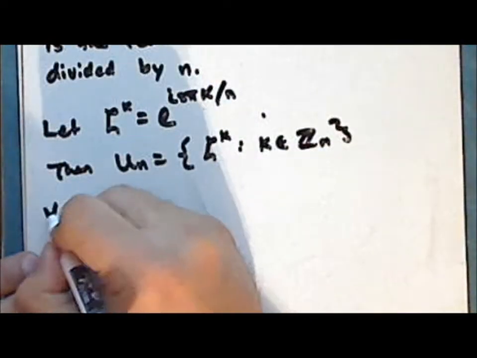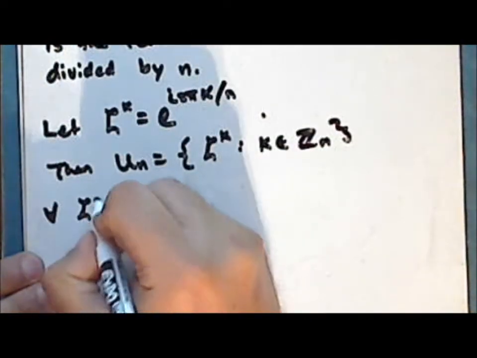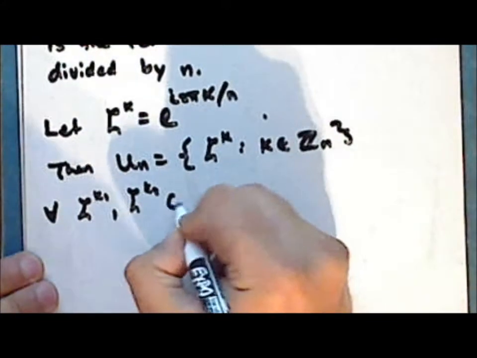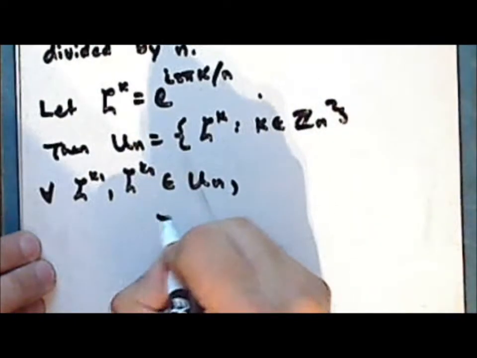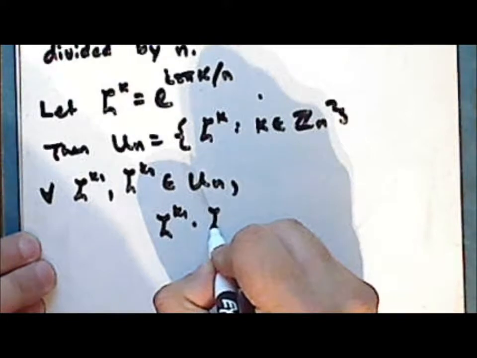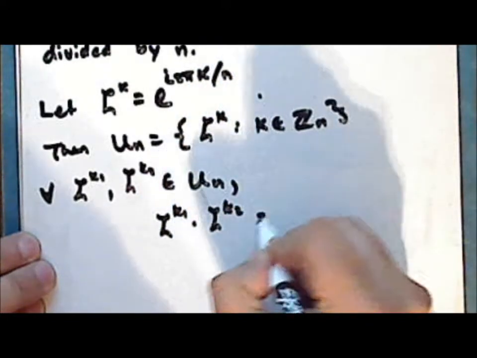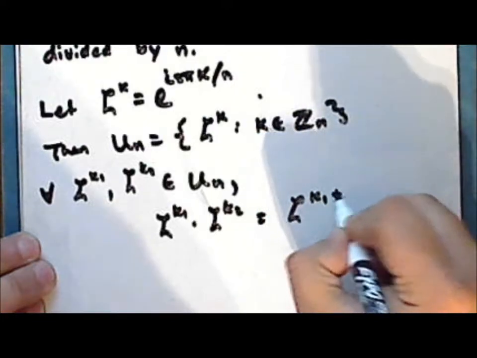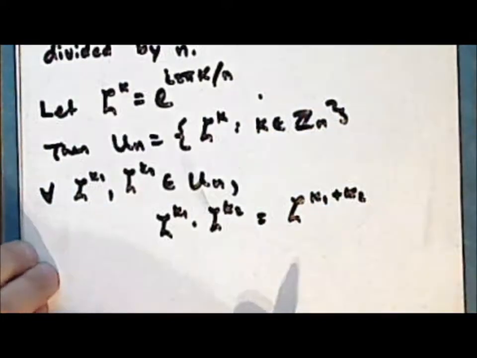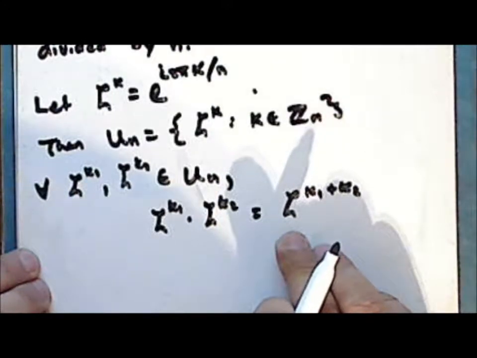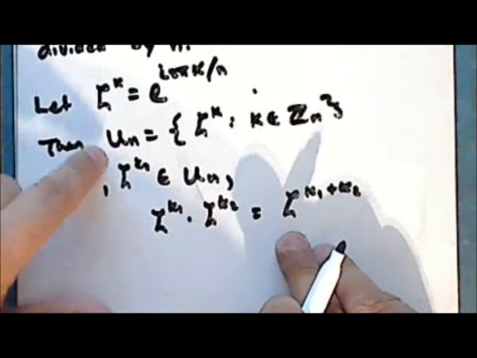So notice that for every two elements, zeta to the power k1, zeta to the power k2, in this set, the product, zeta to the power of k1 times zeta to the power of k2, is the element zeta to the power of k1 plus k2. We're going to demonstrate that this element is once again in the set of nth roots of unity.